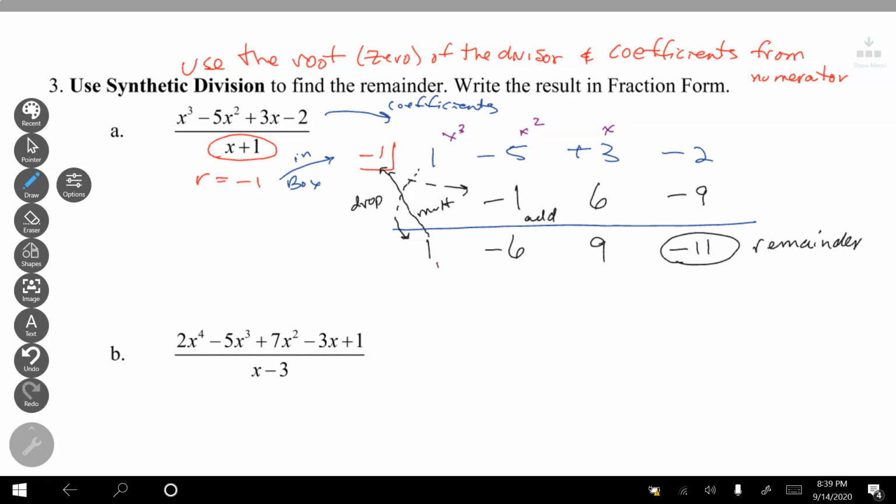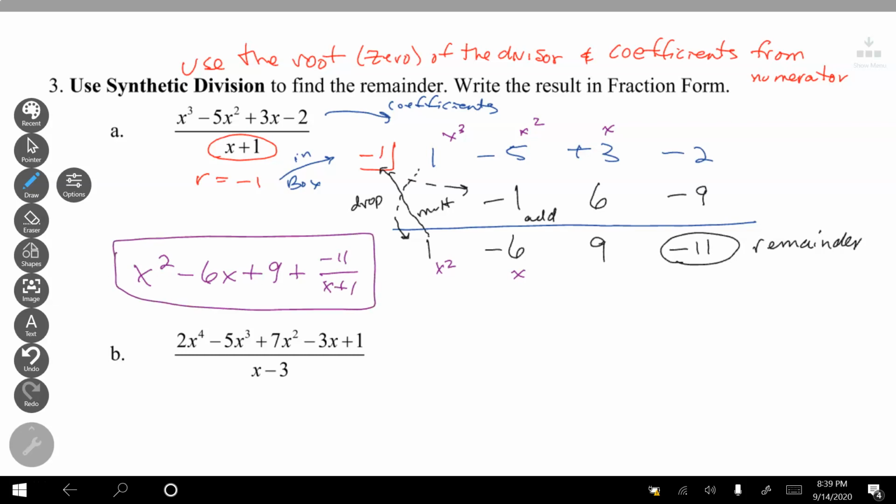So this really stands for x squared, x, the constant term, the remainder. So if I want to write this in fraction form, it'll be x squared minus 6x plus 9 plus a remainder of negative 11 over the divisor of x plus 1.